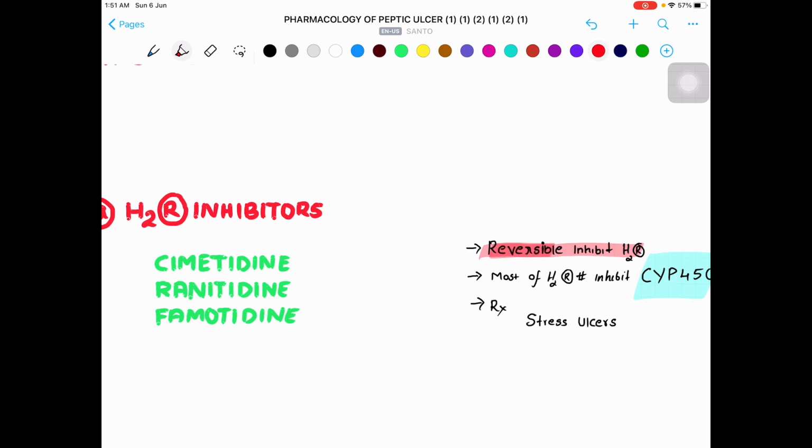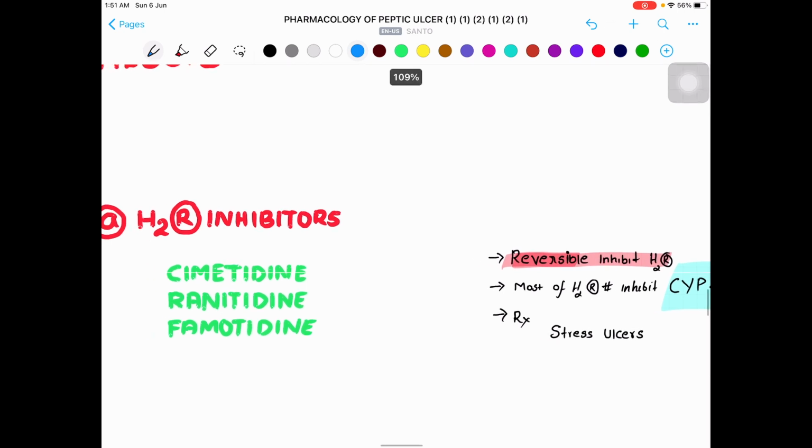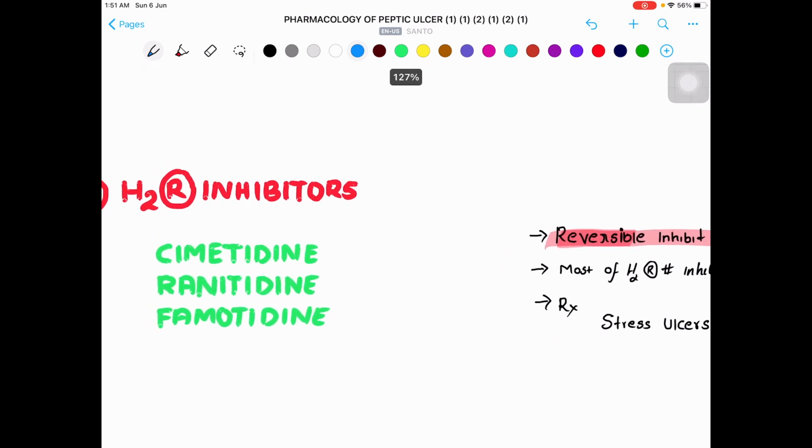The most important thing we need to remember about these H2 receptor inhibitors is that these drugs inhibit the CYP450 enzyme, and it is most commonly seen with cimetidine and least commonly seen with famotidine.